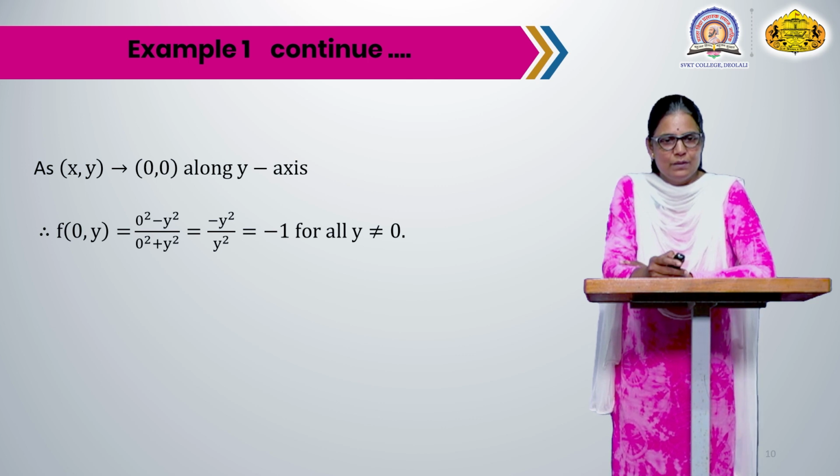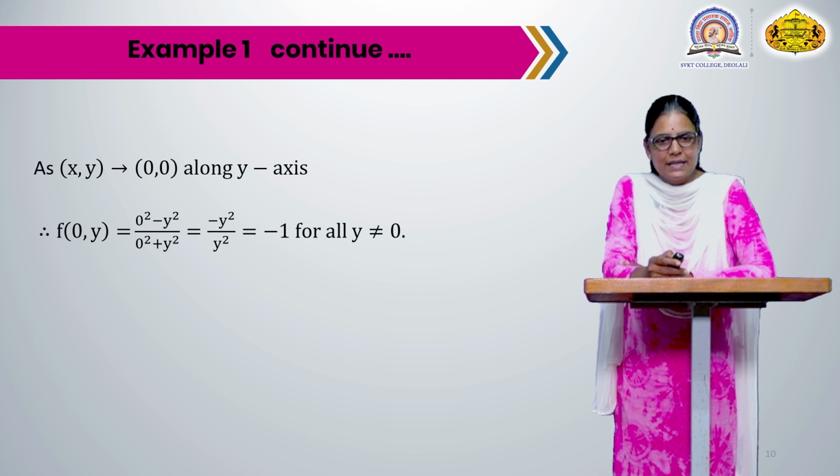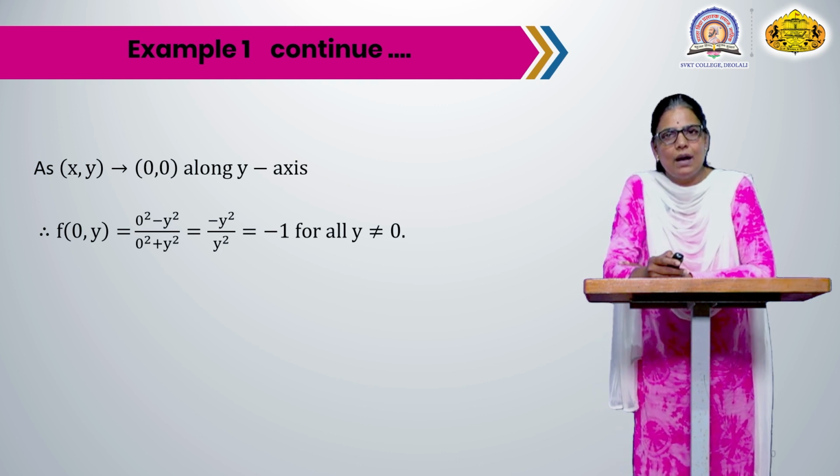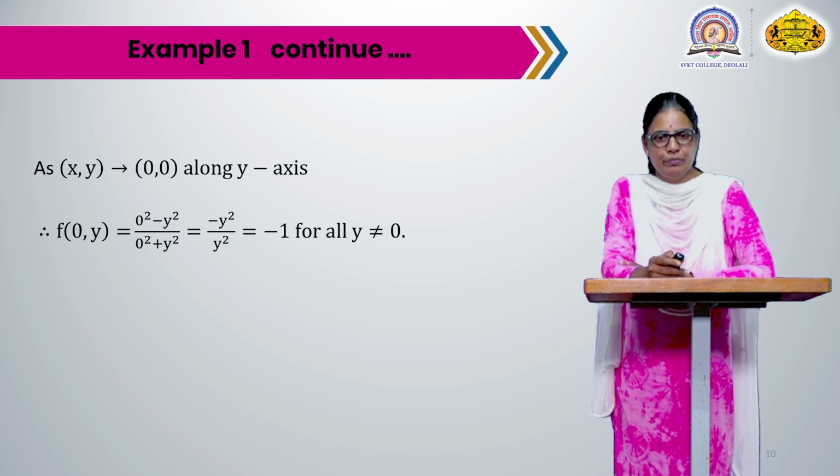So the function becomes f(0, y), which is (0² − y²)/(0² + y²), the same as −y²/y². Now here y² gets cancelled if y is not equal to 0. So the functional value is −1 for all y not equal to 0.